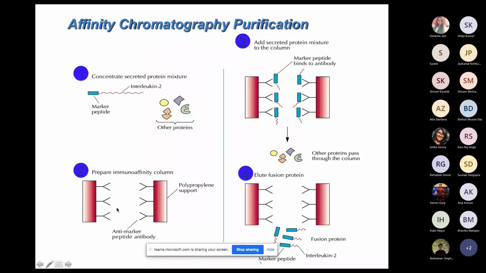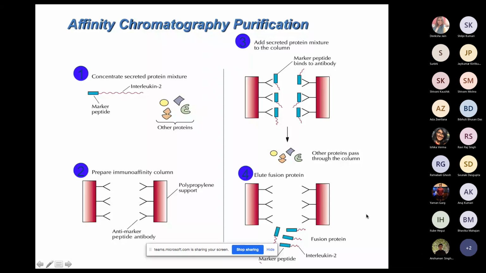Then you pass your protein lysate or secreted protein mixture through this particular column. Obviously, because of the very high affinity of this marker peptide to this particular antibody, your protein will bind to it, while all the rest of the proteins will just flow through. Then your protein will bind, and then it can finally be eluted.